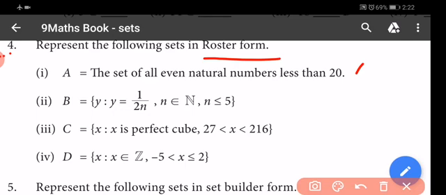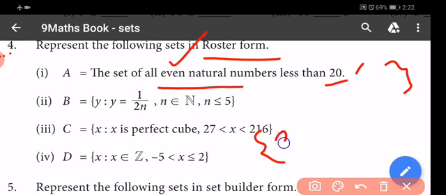Then within braces, we list all the elements. The set of all even natural numbers less than 20. So you know even natural numbers. What are the even natural numbers? So 2, 4, 6 and etc. up to less than 20 means 18.